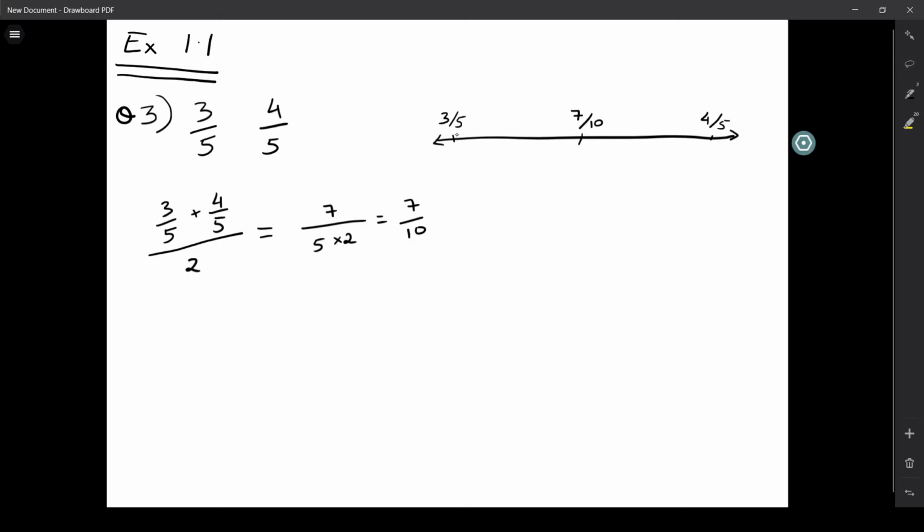For our second number, we can get the midpoint between 3 by 5 and 7 by 10, which will be somewhere around here. And in order to do that, we do the same thing. We add 3 by 5 and 7 by 10 divided by 2.